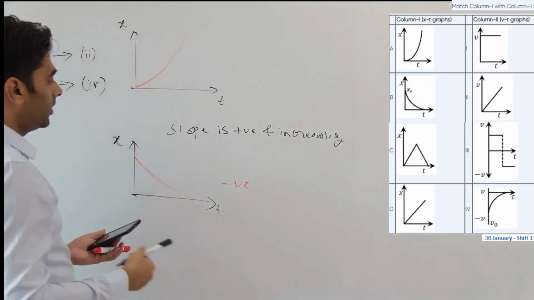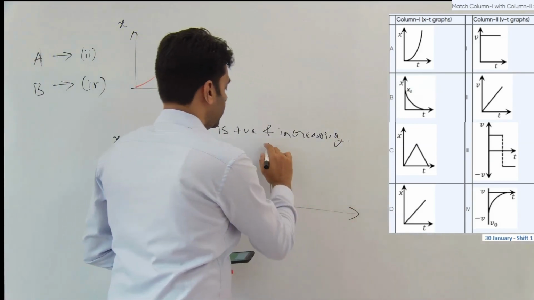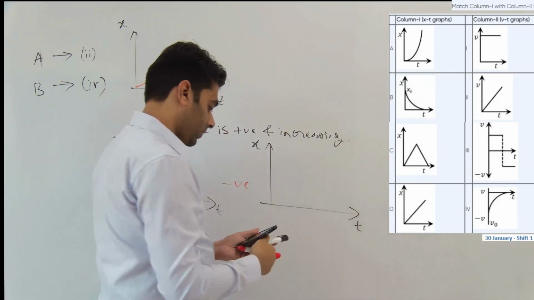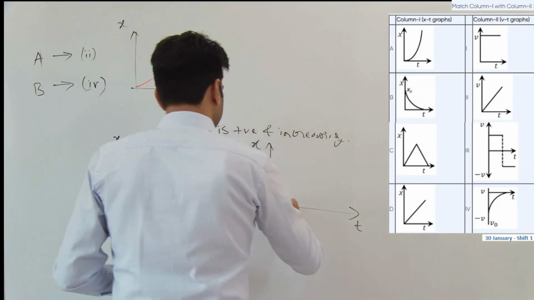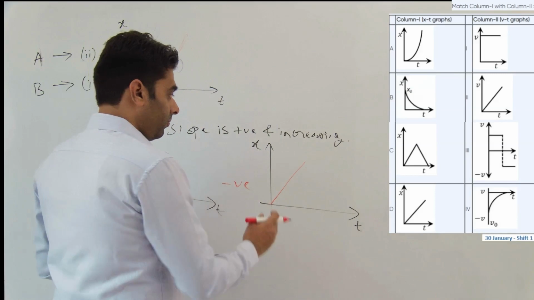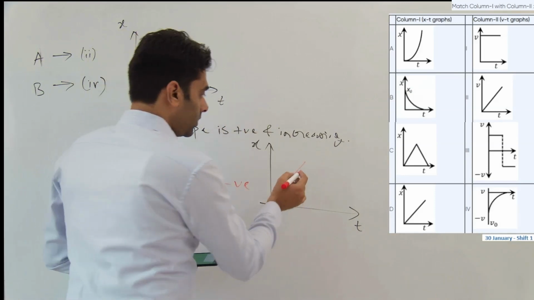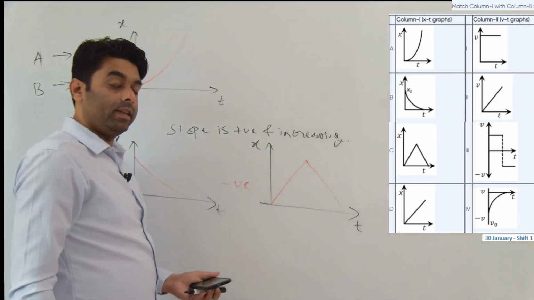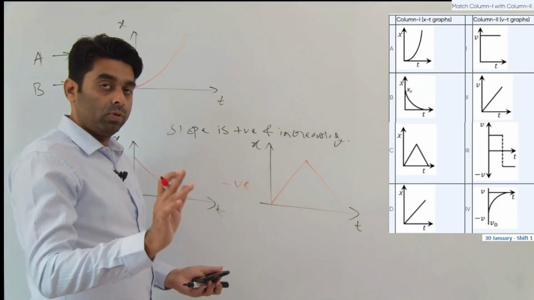Fine. Third, let's see what xt graph is given to us. C option is, initially a straight line with a constant, positive slope. In the next half, it is again a straight line with a constant, negative slope.